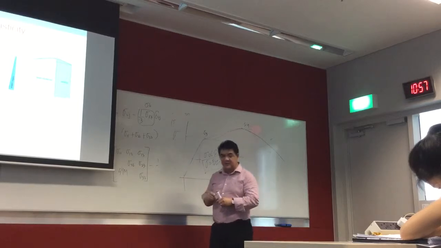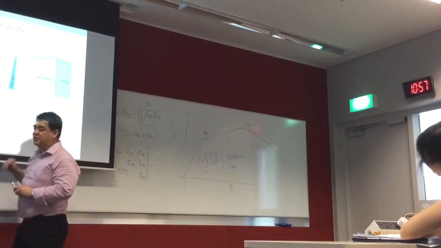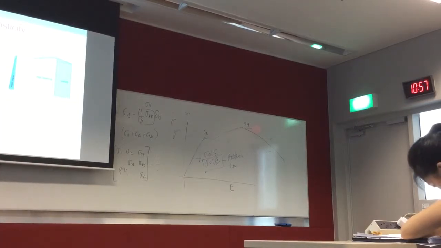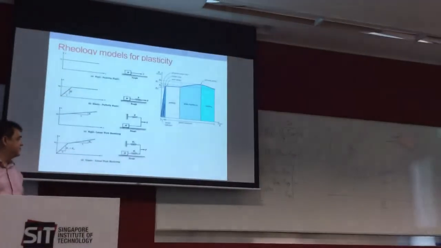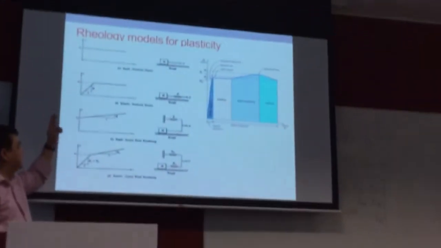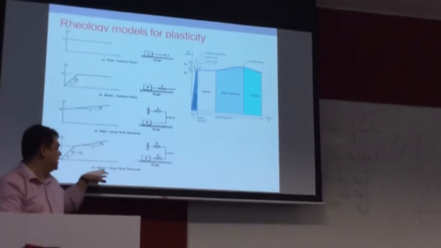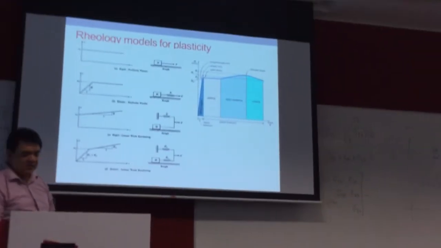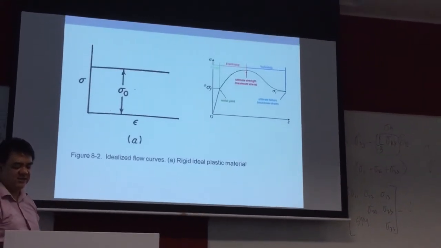So all of these are basically theoretical models to be able to simulate your stress strain. They are just proposed models: rigid perfectly plastic, elastic perfectly plastic, rigid linear work hardening, and elastic linear work hardening. These are proposed models for plasticity.